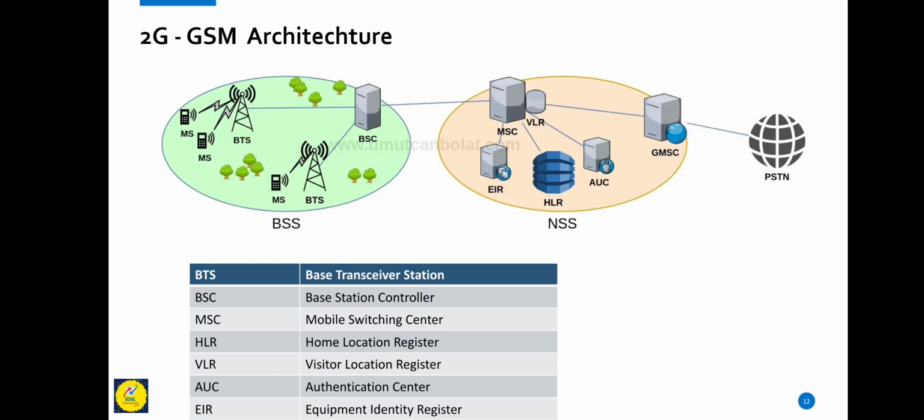HLR registers the details of the mobile user in his own home network, whereas the VLR records whenever the mobile user moves from his home station to a different location, and it is kept track of by the NSS system. And in order to have connectivity to the PSTN phones, there is a connectivity network between the mobile network and the PSTN in the form of the GMSC, the gateway.